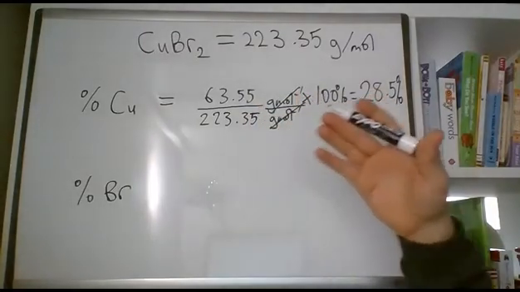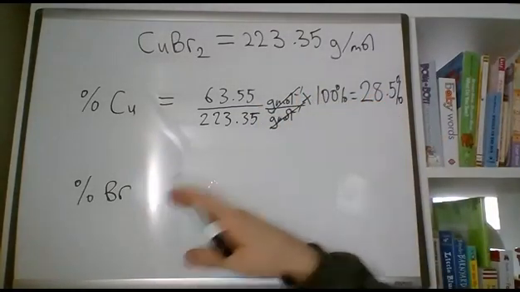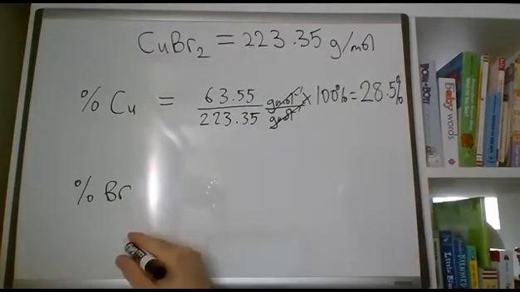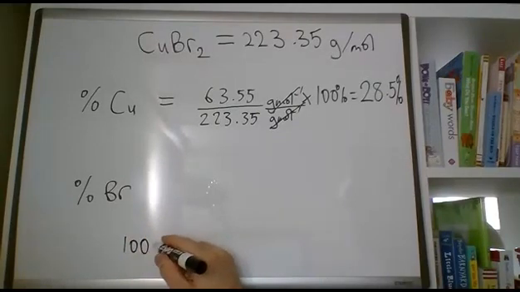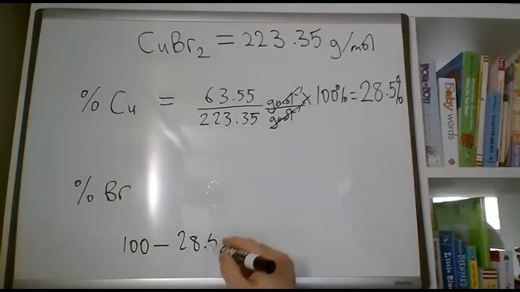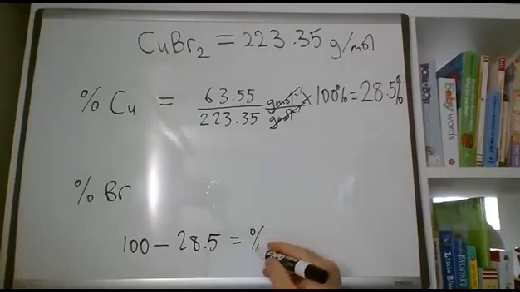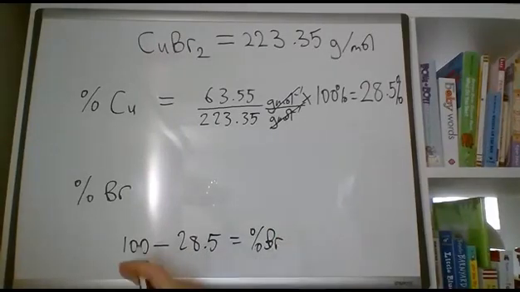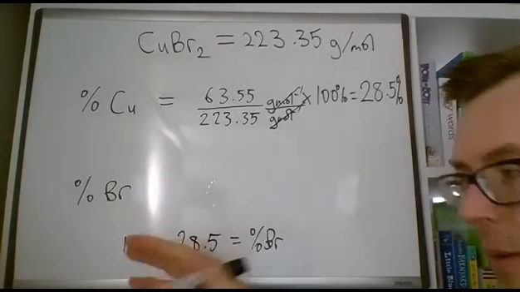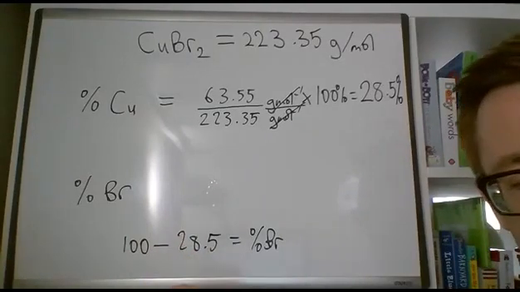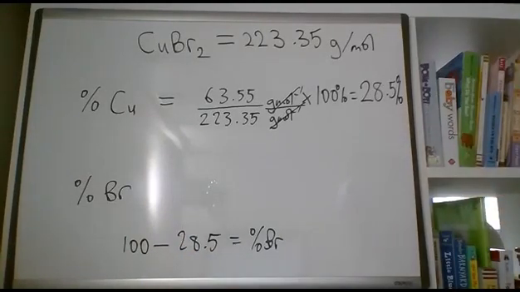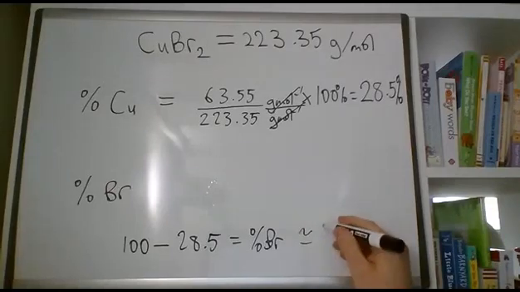Now we know therefore that 100% minus 28.5 is the percent of Br. So I know what to expect. I can predict the answer, but that's not how you set it up in an exam. So I know it's going to be approximately 71.5.